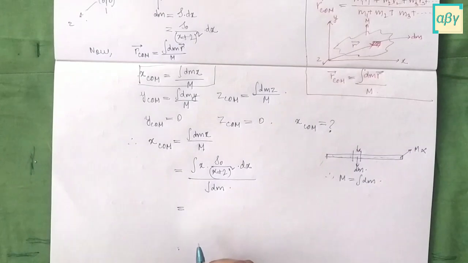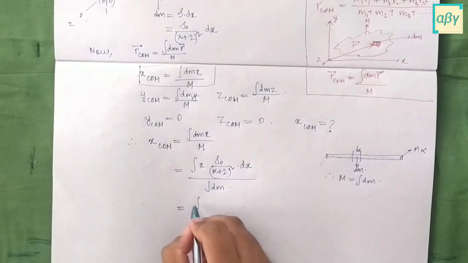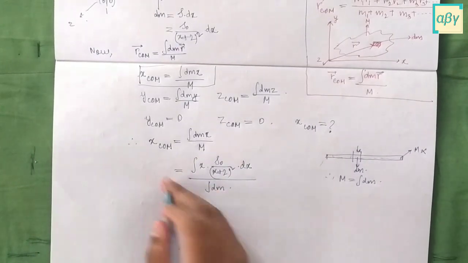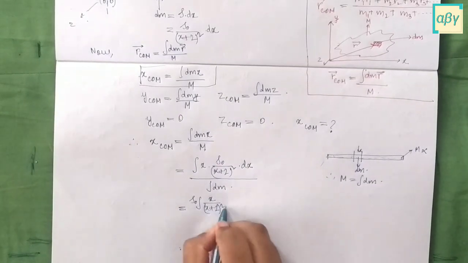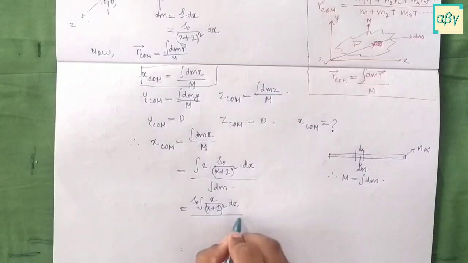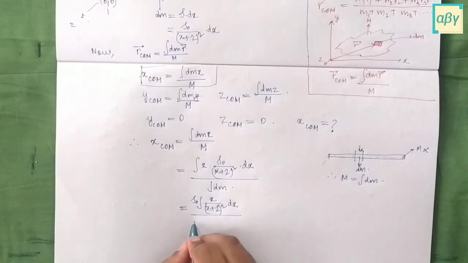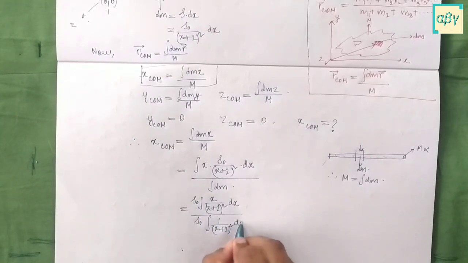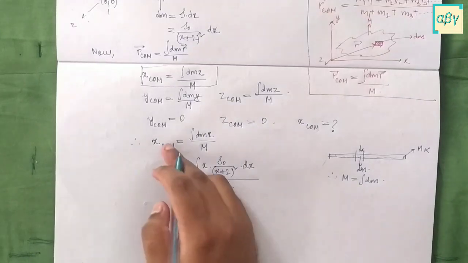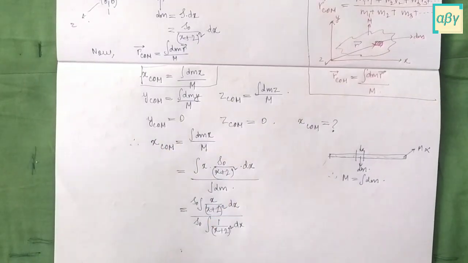So it is equal to, now rho 0 is a constant, so it can be removed, integration of x by (x plus 2) whole squared dx, divided by integration of dm. We can put the value of dm. Again, rho 0 is a constant, so I can remove it. So it's integration of 1 by (x plus 2) whole squared dx. Now, to find the center of mass, I have to solve two integrations.